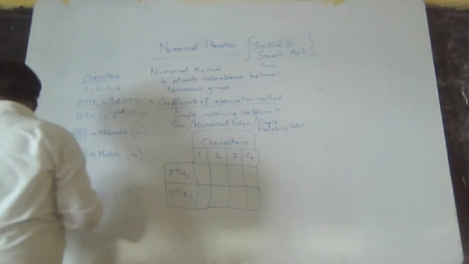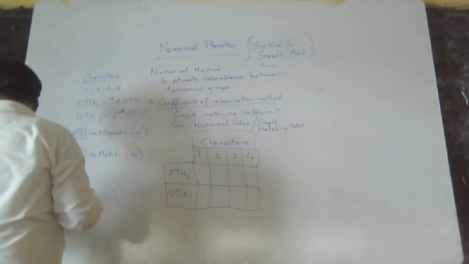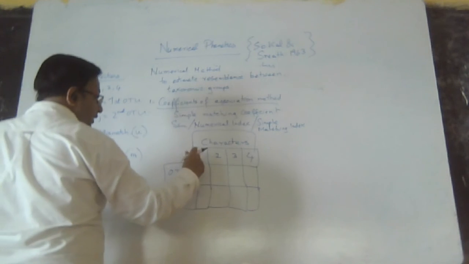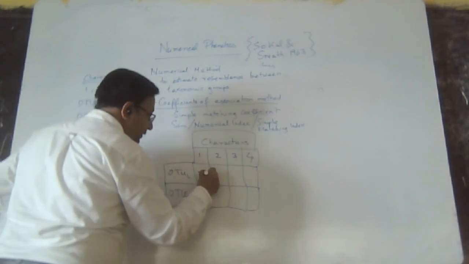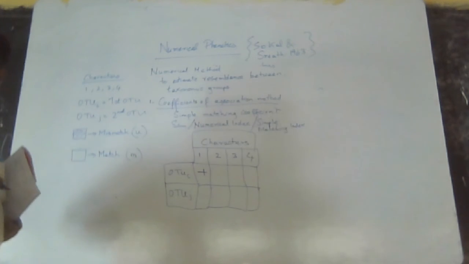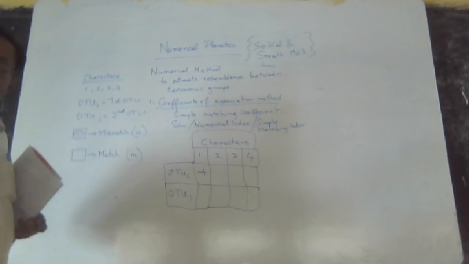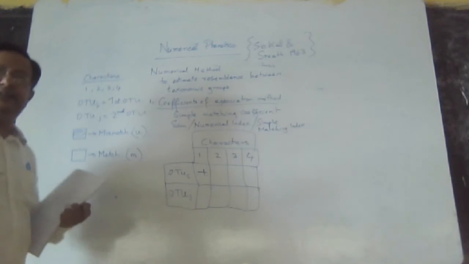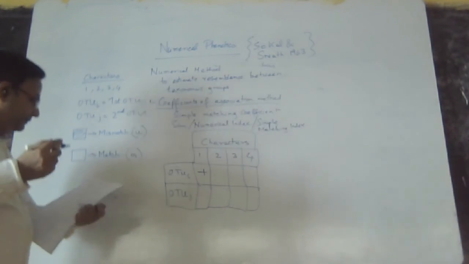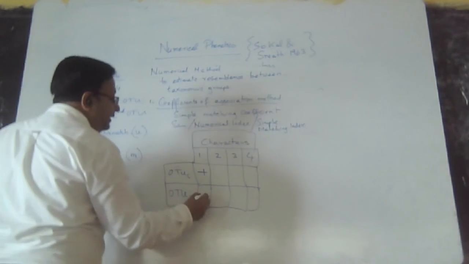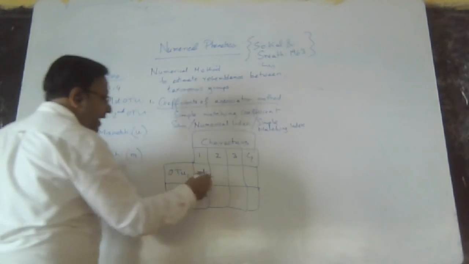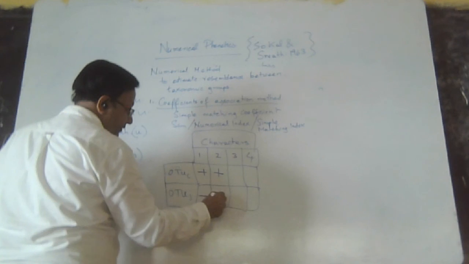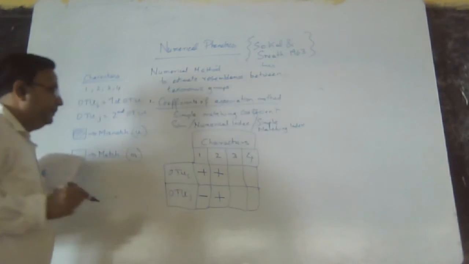Now, say for example, character 1, maybe limb, is present in I. Limb is absent in J, 1 character. Similarly, maybe head is present in both.